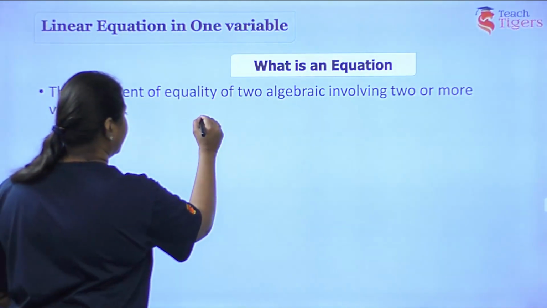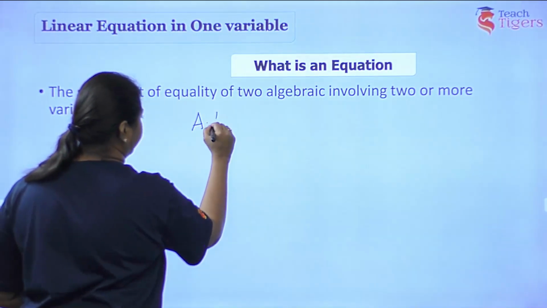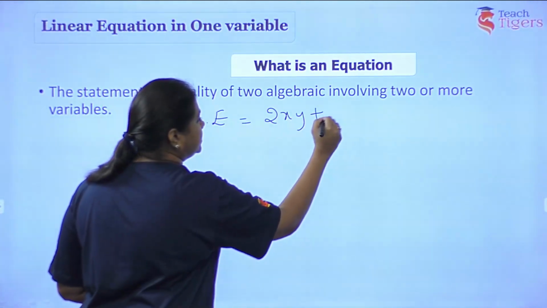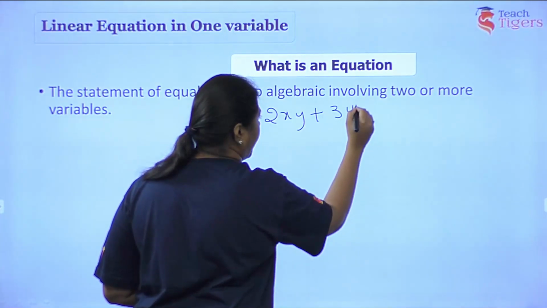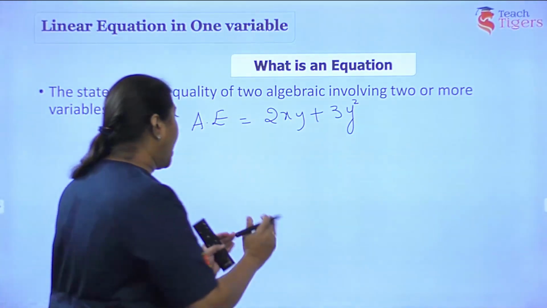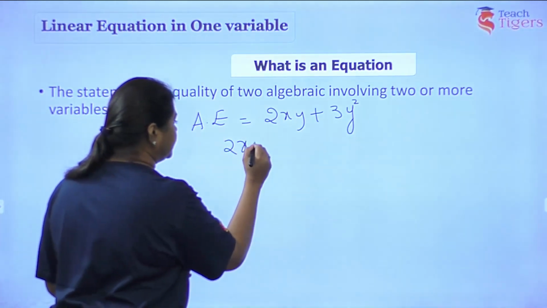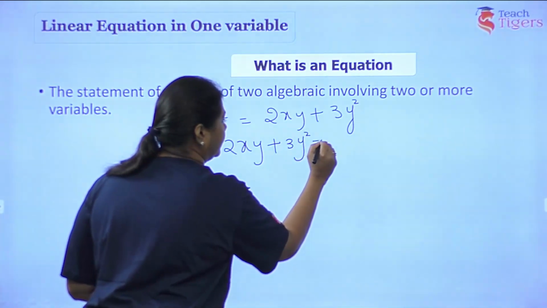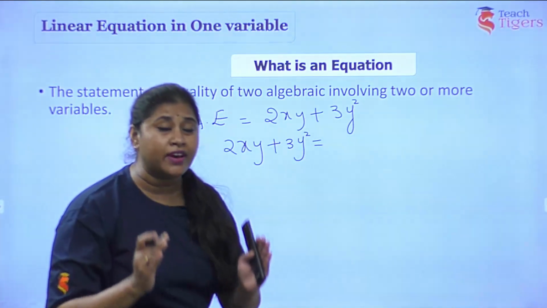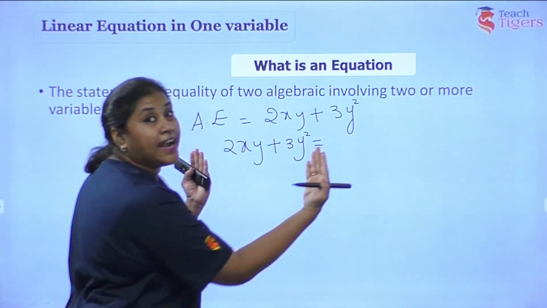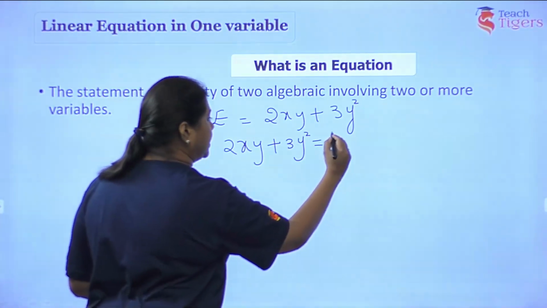I've got an algebraic expression, 2x plus 3y square. Suppose this is my algebraic expression. I'm going to equate this to something. What is equate? Equate means is equal to. Whenever it is an equation, you have an is equal to between RHS and LHS. Now, is equal to 7.